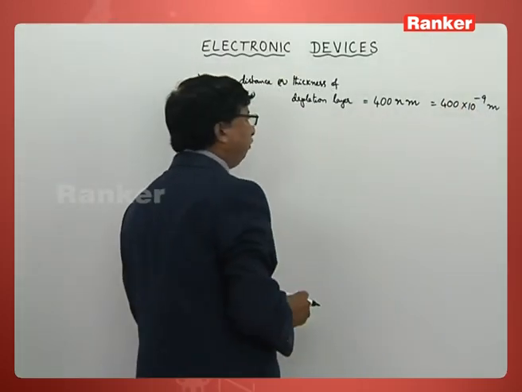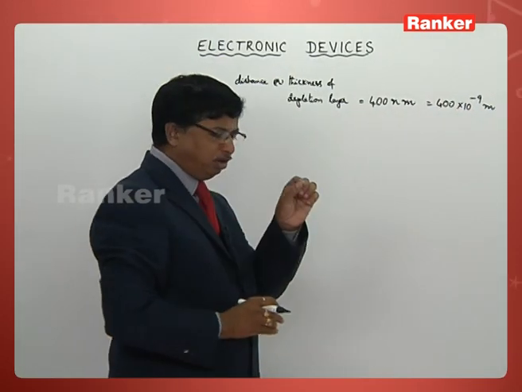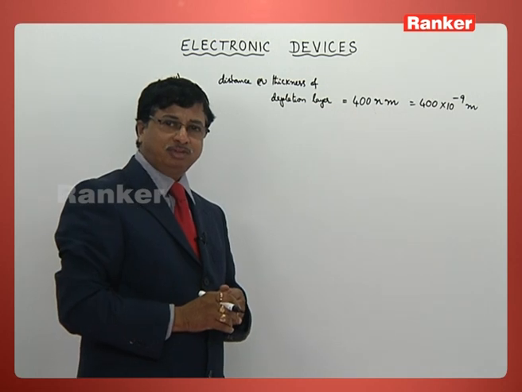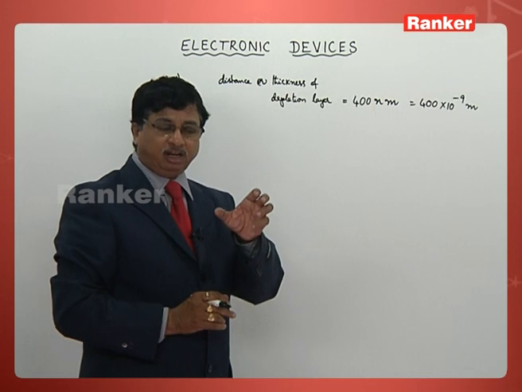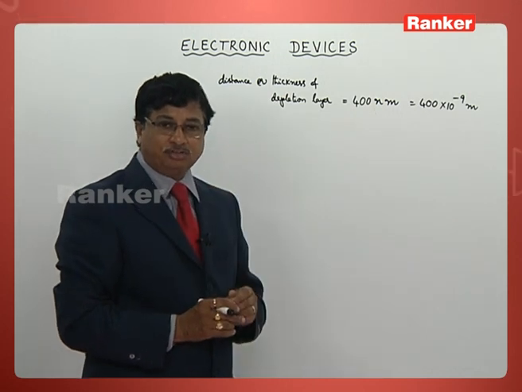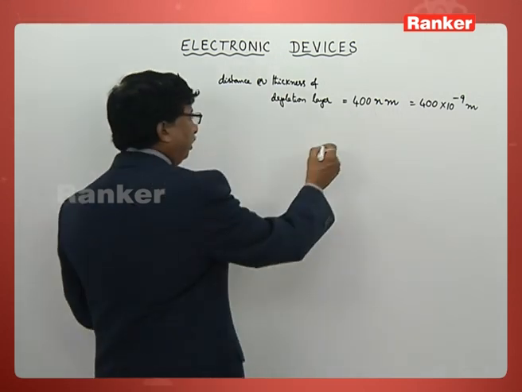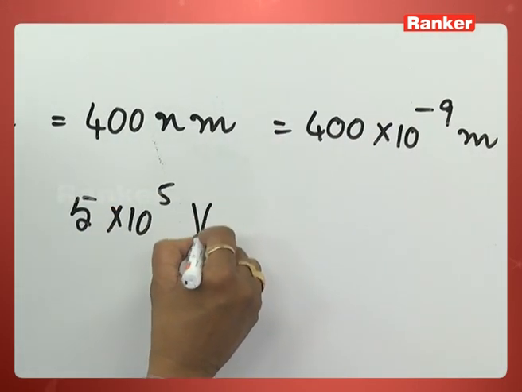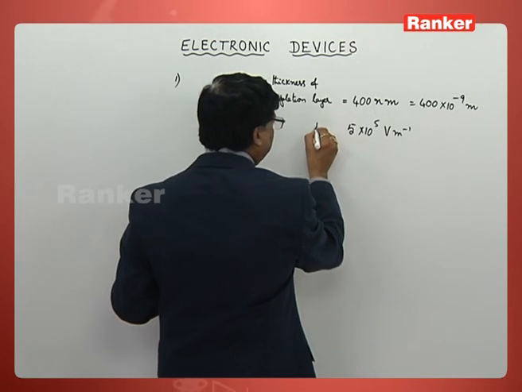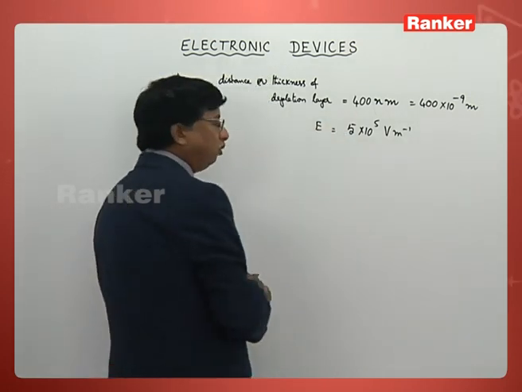That is the thickness of it, very thin, nano, observe that point. What is the electric field across that particular region? It is given as 5 into 10 to the power 5 volt per meter. That is the electric field that has been provided to us.